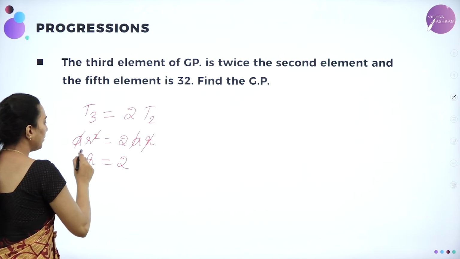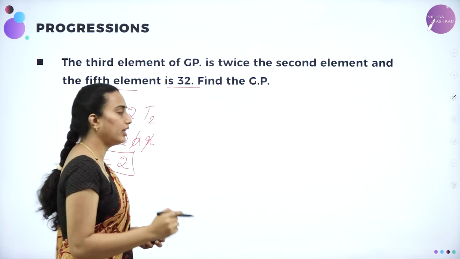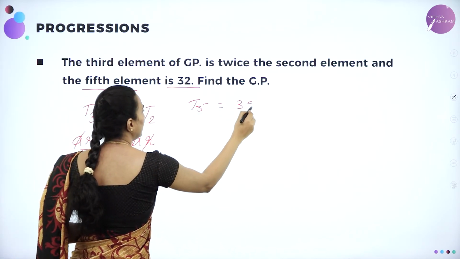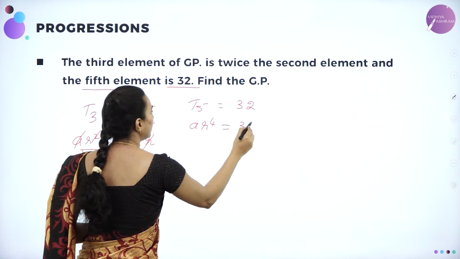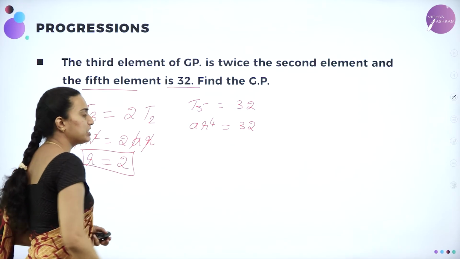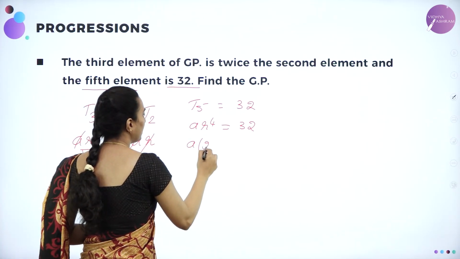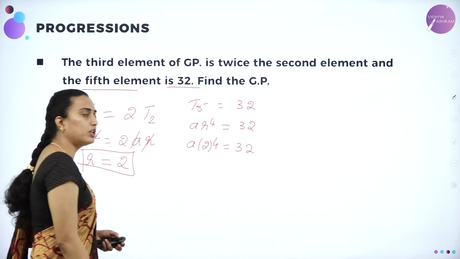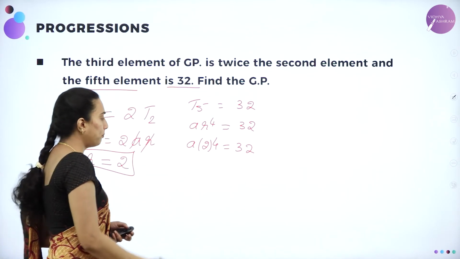So R is equal to 2, and the given condition is that the fifth element is 32, so T5 is equal to 32. T5 we can write as AR to the power of 4, equal to 32. Substituting R, A into 2 to the power of 4 is equal to 32, which we can write as 2 to the power of 5.